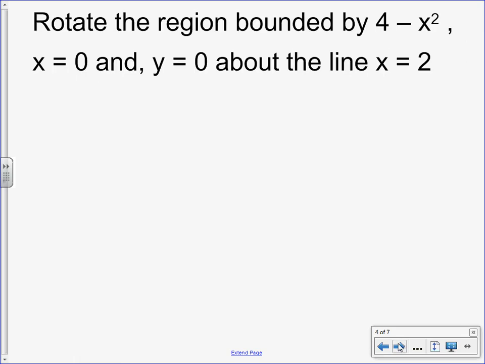Okay. So we're going to do examples. This is the way we're going to get better, right? We're going to rotate 4 minus x squared, x is 0, y is 0, that region, about the line x equals 2. What is 4 minus x squared?